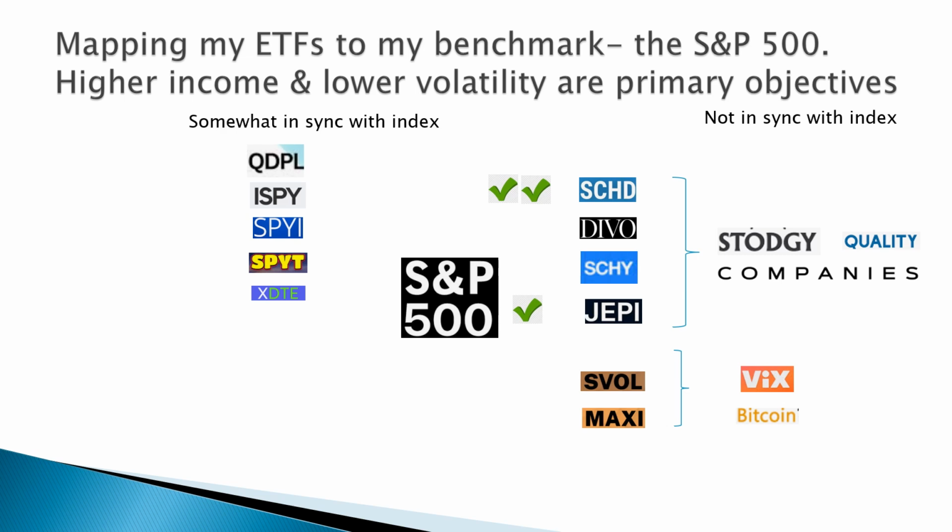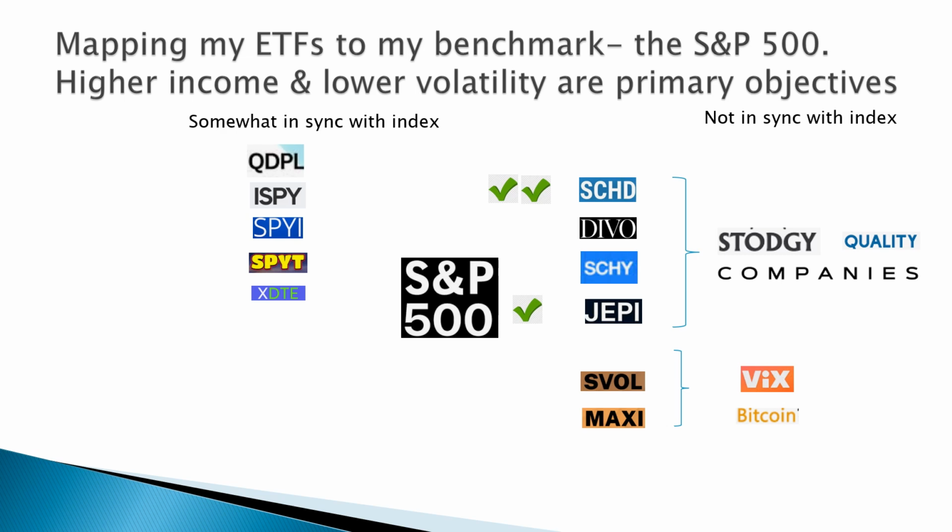XDTE is from a fairly new company called Roundhill. I like Dave Mazza, who's the CEO now, and I've seen his interviews and so on and so forth. And again, it's a daily strategy, slightly different than ISPY.